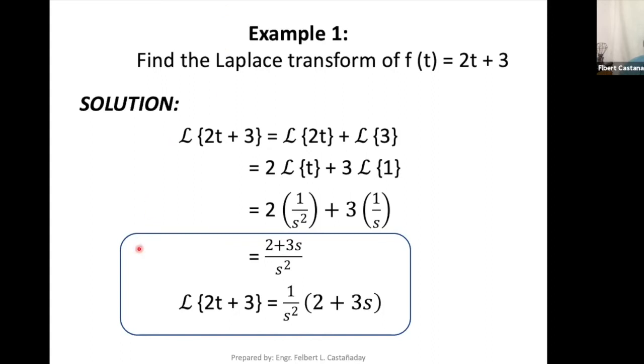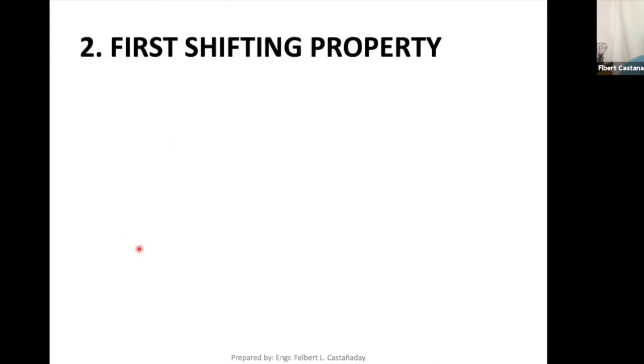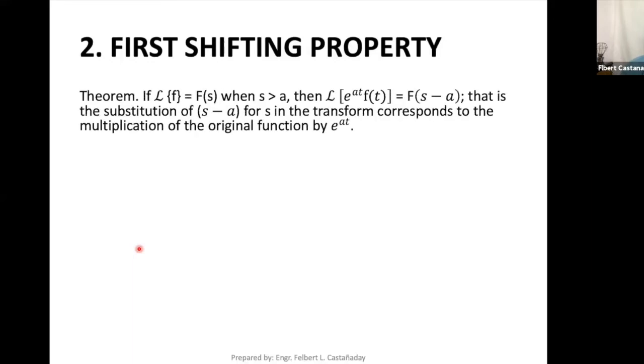Okay, now let's go to the next property. First shifting property is, of course, the introduction of an exponential function e raised to at. If you have a function f of t multiplied by e raised to at, as you can see, the result has s minus a in it by definition.